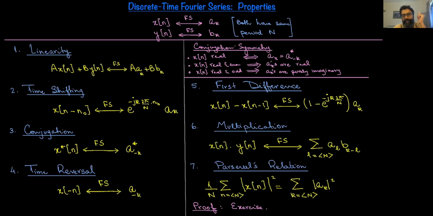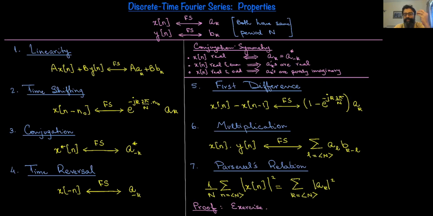If x of n is real, then the Fourier series coefficients are conjugate symmetric. If x of n is real and even, the Fourier series coefficients are always real. If x of n is real and odd, the Fourier series coefficients are purely imaginary. First difference is slightly different, but pretty straightforward.